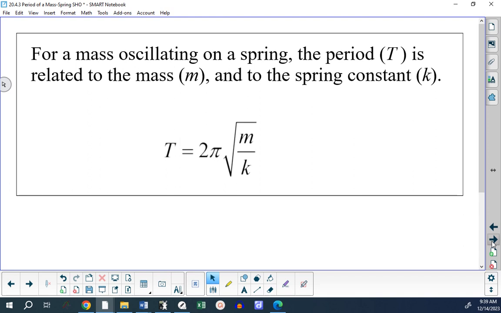Just as a qualitative approach, if I put this 200-gram mass on this spring, the period is quite small, right? If I put a 1 kilogram mass on the spring, the period is longer. So if I change the mass, the period changes. So the period is related to the mass. Similarly, though, the period is also related to the spring itself.